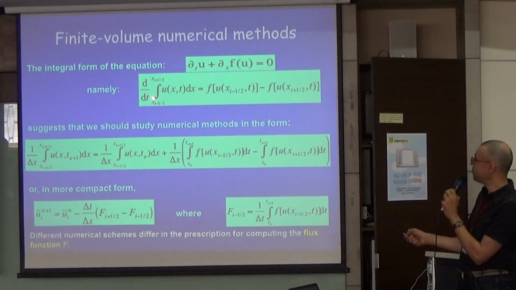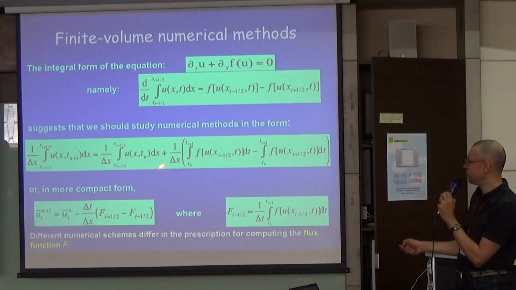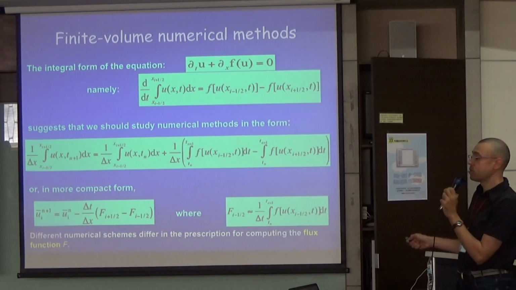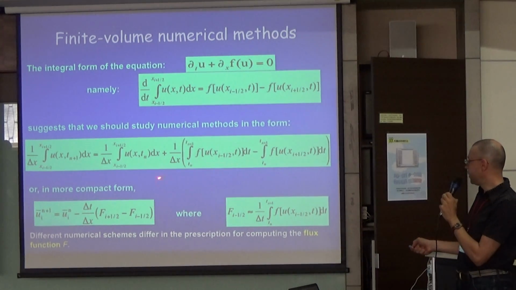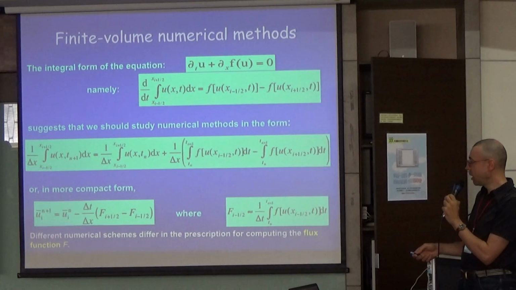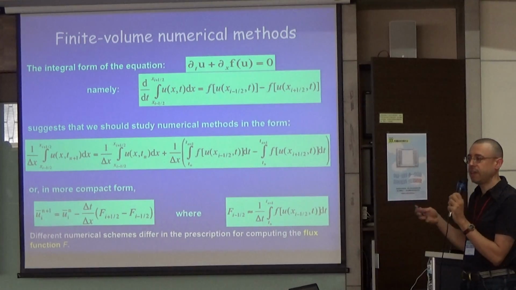The time derivative that was here has been made a finite difference. We have t n plus 1 here, and it's equal to the average solution at t n plus the difference of the fluxes. And indeed, this can be written in compact form like this, with the definition of this capital F. This capital F is called the flux function, and different conservative numerical methods differ in the way they specify it.